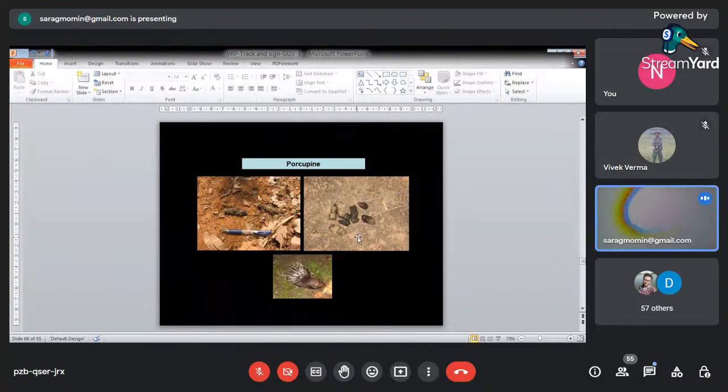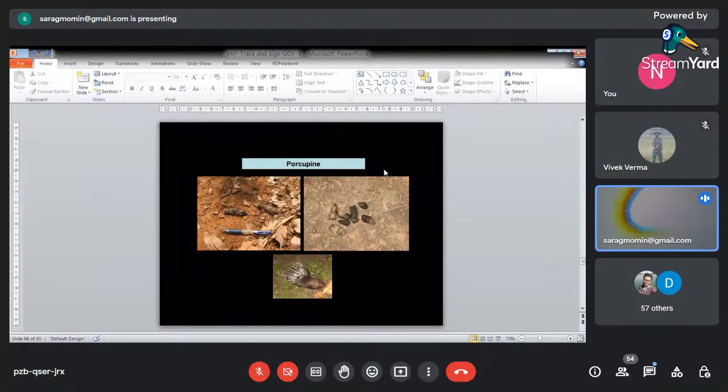Sometimes you will find such types of scat inside the shrubs and grasses. It is a very small size. Their mucous membrane is clearly visible.